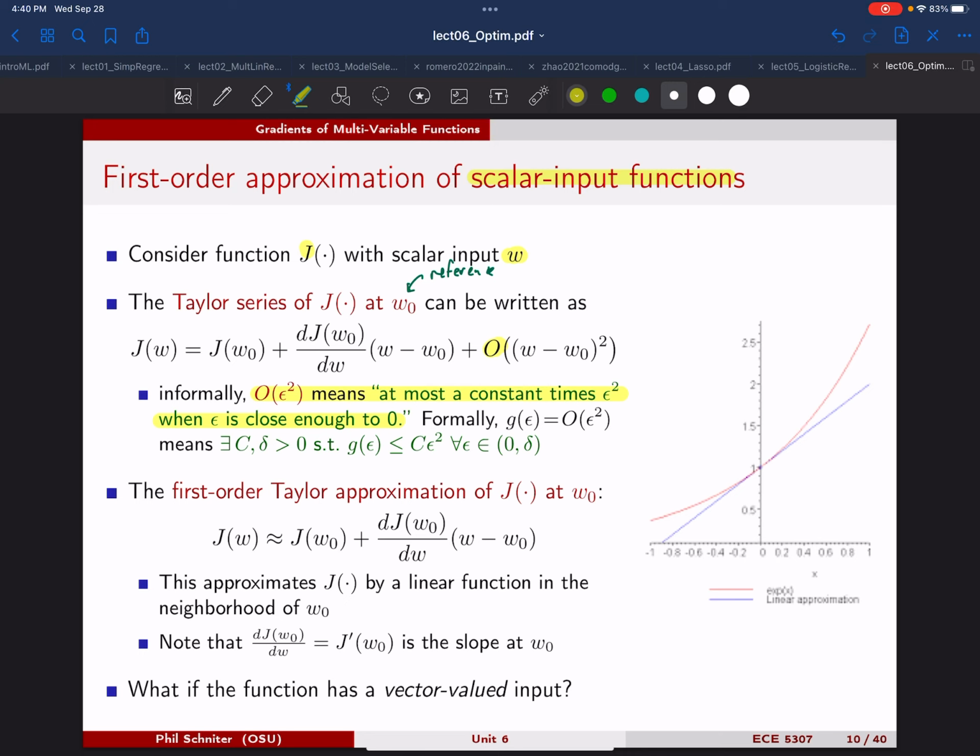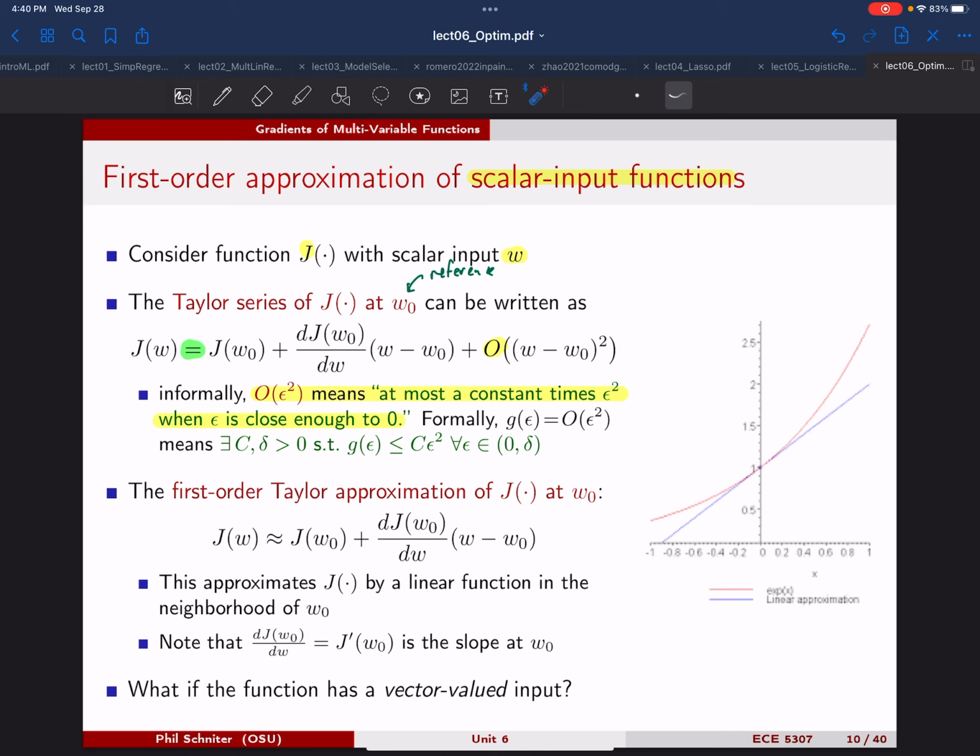Okay, so let's see how we can use this. I want to emphasize, this over here is an equality. This is the full nonlinear function, written in terms of a constant, a linear term, and another term that collects all the nonlinearities.